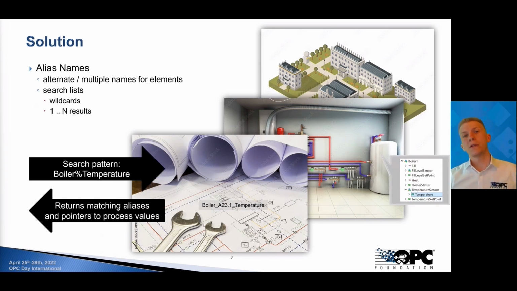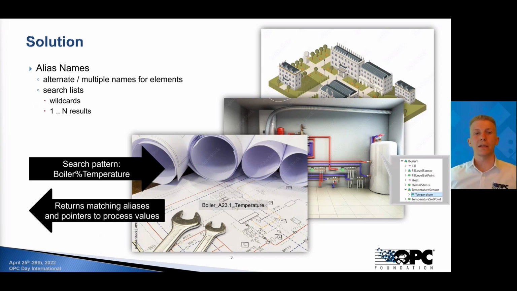And luckily, OPC UA has a solution for that, and this solution is called AliasNames. So with AliasNames, you really can assign an OPC UA node an alias, so an alternate name or multiple names.